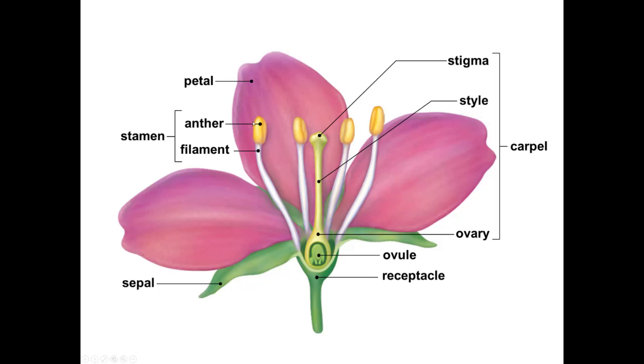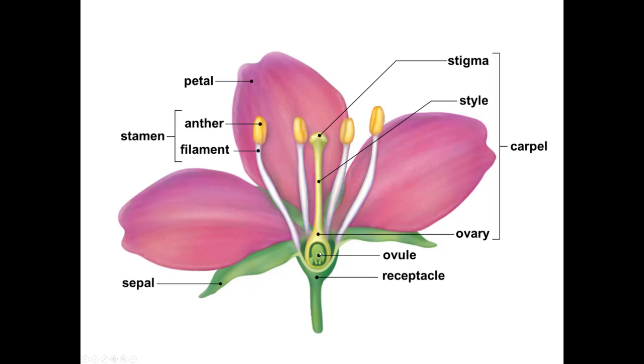The anther is where pollen is formed, and there are a number of those. And then the female part here is the carpel, which has the stigma, this sticky layer which is attractive and which pollen attaches to. The style, this long projection down, and then the ovary itself.